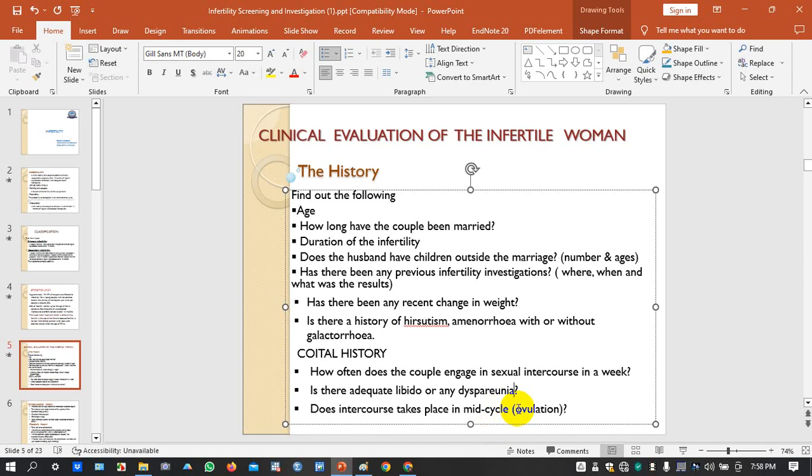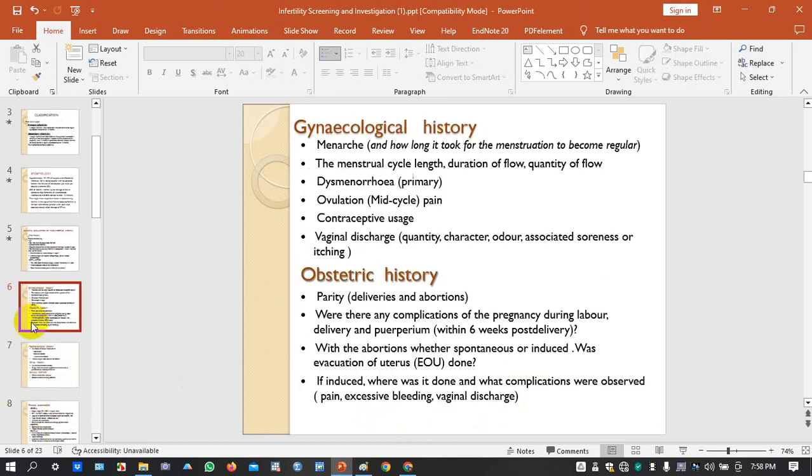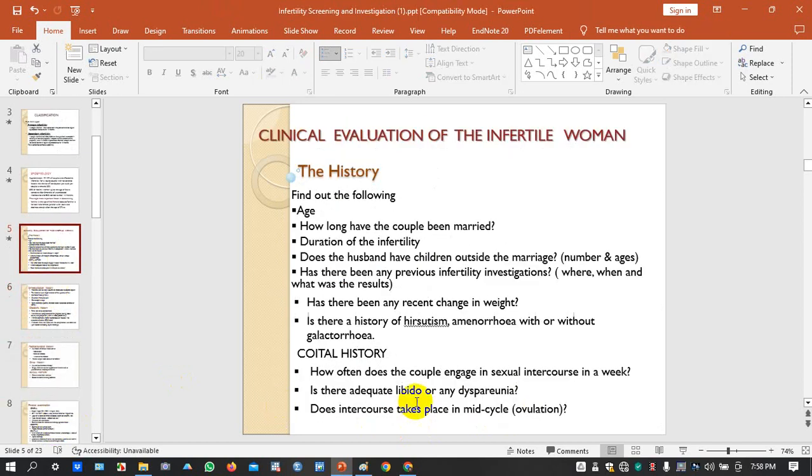But you know that the 14th day is when you have the ovulation, and this is for those with the normal menstrual cycle of 28 days. Because when you have it around the ovulation period, there will be a high probability of conception or the woman becoming pregnant because she ovulated and there were sperms there to fertilize the egg.